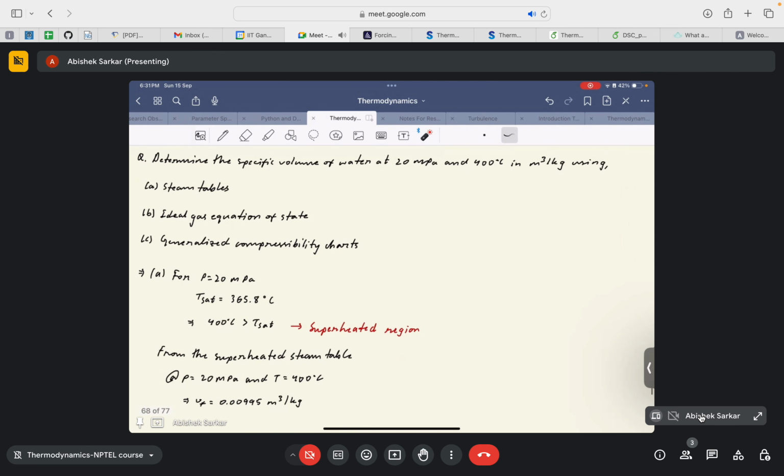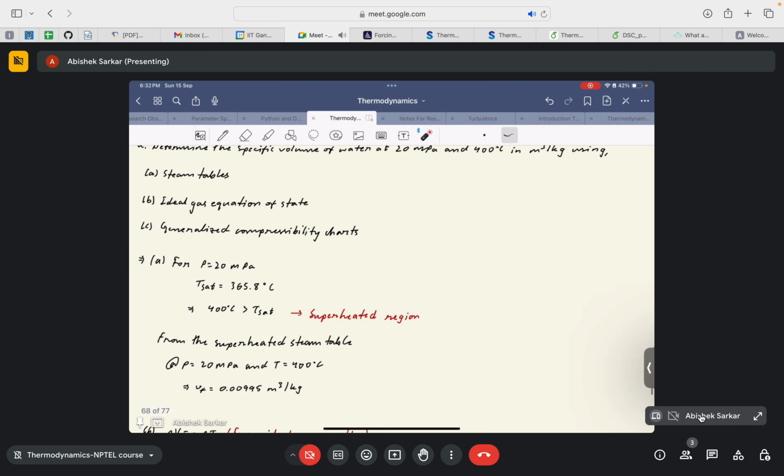At P equal to 20 megapascal, you can go to the steam tables and find the corresponding saturation temperature. You will find that the saturation temperature for P equal to 20 megapascal is 365.8 degrees Celsius. Since 400 degrees Celsius is greater than the saturation temperature for the corresponding saturation pressure, the steam is in the superheated region.